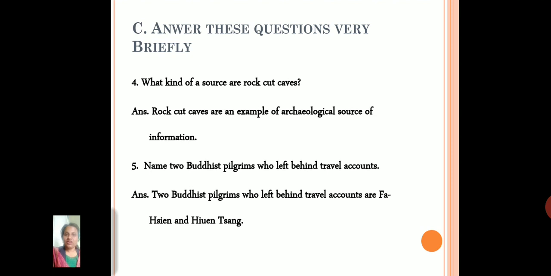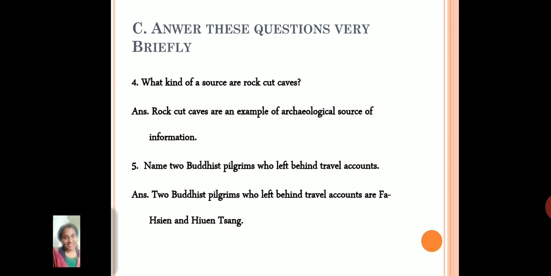What kind of a source are rock cut caves? I'm sure you must have seen rock cut caves around us. You must have seen some old temples which are cut into the rock, correct? So according to history, what kind of a source is it?